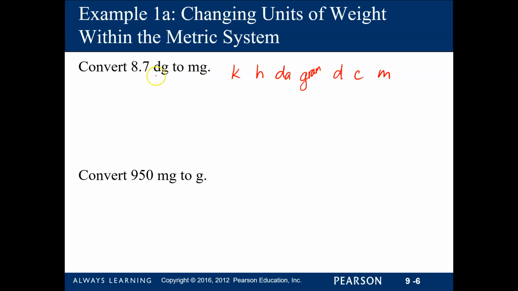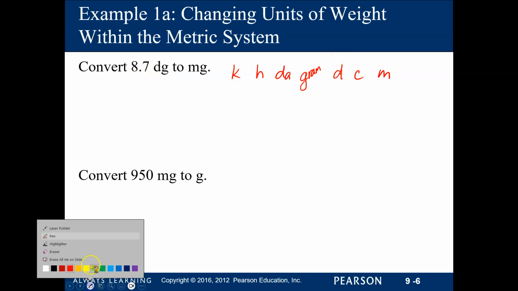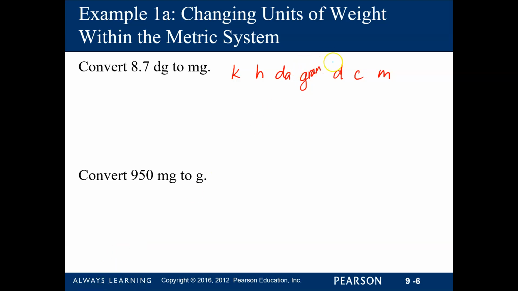We are given 8.7 decigrams, so we start with D and need to go to milligram. We start from here and go 1, 2. So from 8.7, we move our decimal point 2 places to the right, which means we have a 0 in this space, so 8.7 decigrams is equal to 870 milligrams.